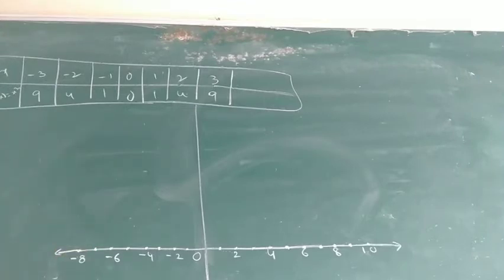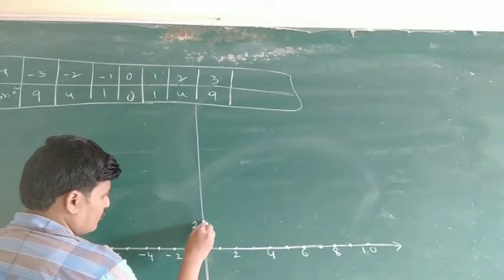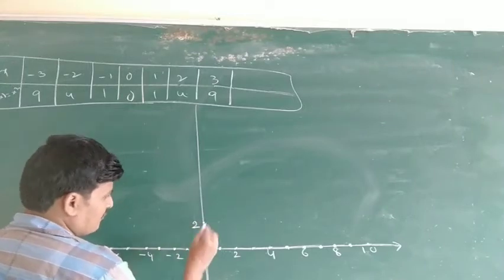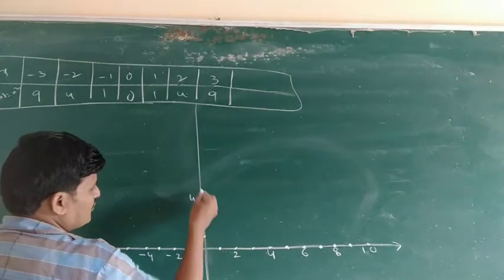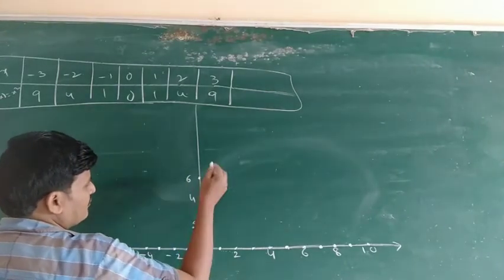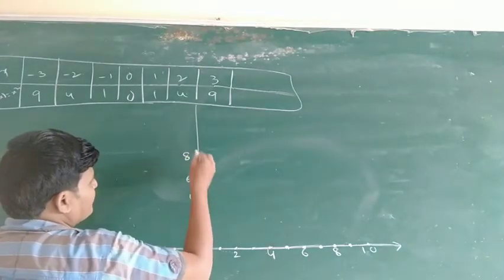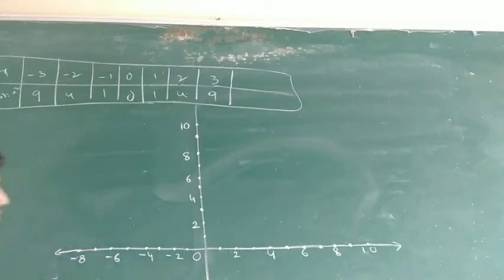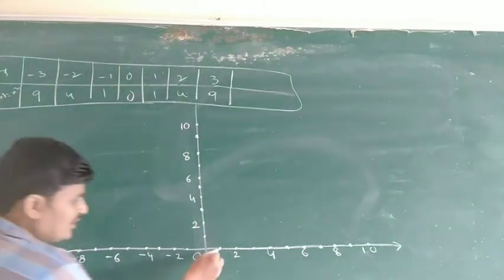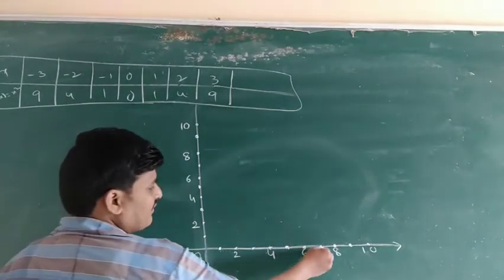Okay, this is also 2, 4, 6, 8. 2 means this is 1, 2, 4, this is 3, 6, this is 5, 8, this is 7, 10, this is 9. Okay, so this dot means 1, 2, 3, 4, 5, 6, 7, 9.